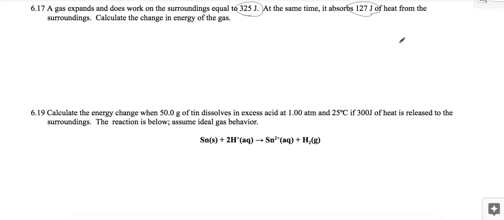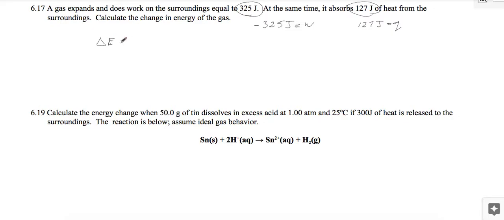The first thing that we want to do is identify the signs on each of these. 325 is going to be negative because the gas is expanding into the surroundings, and then it absorbs 127, so that's going to be a positive 127. This is equal to work, and this is equal to heat.